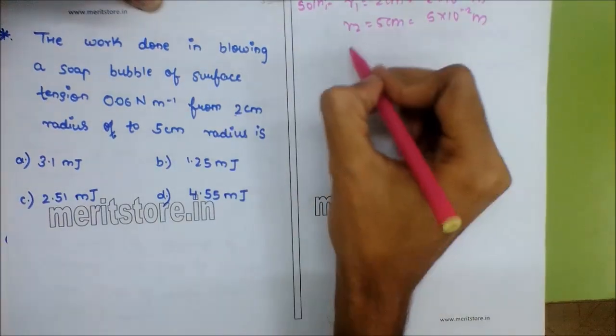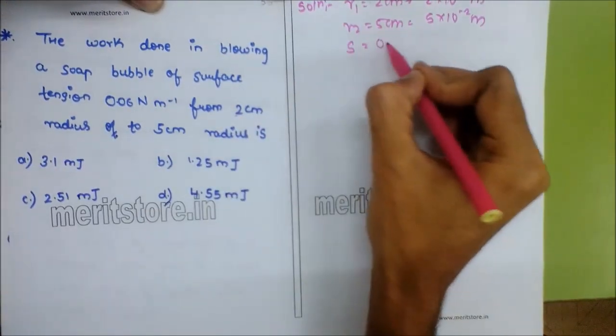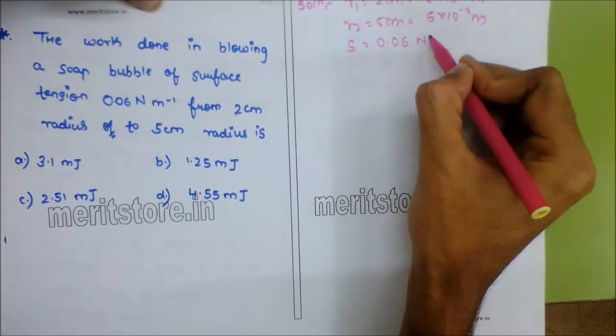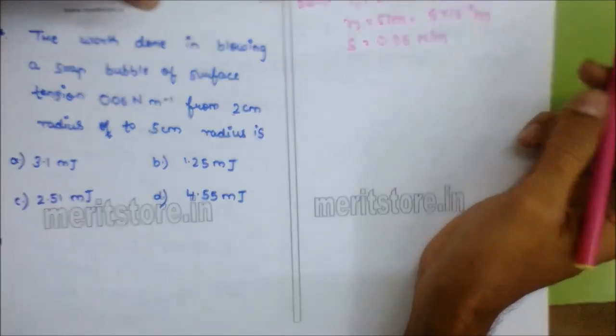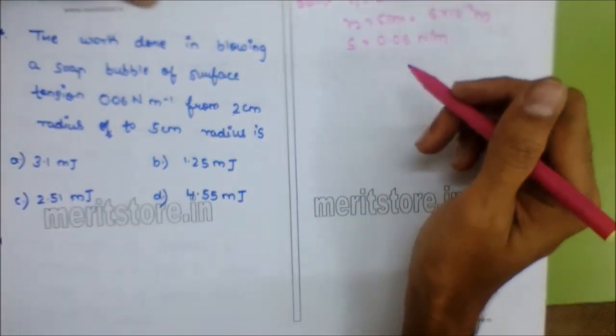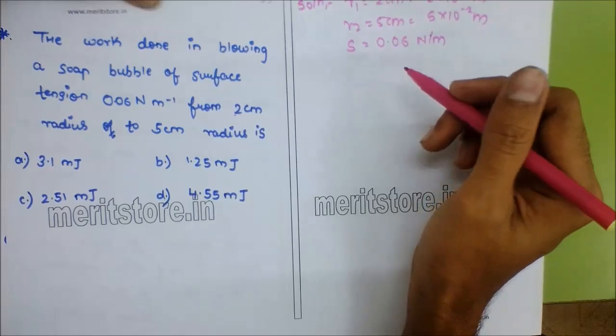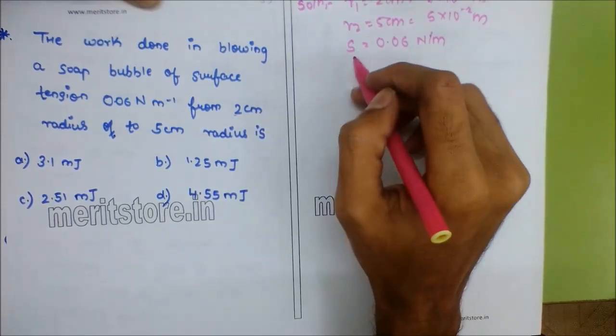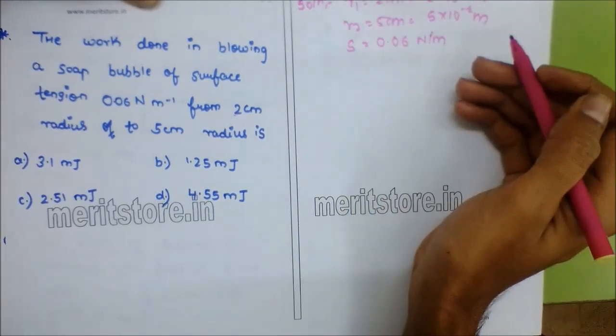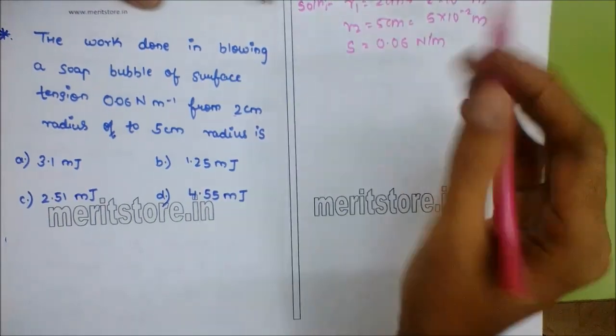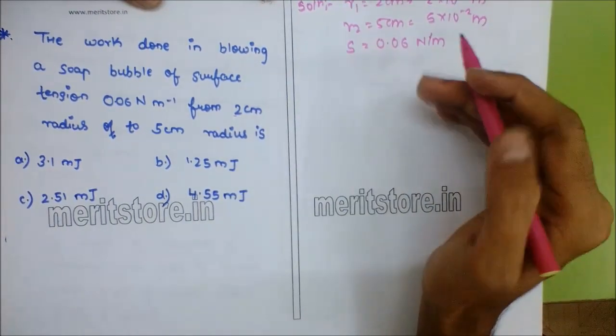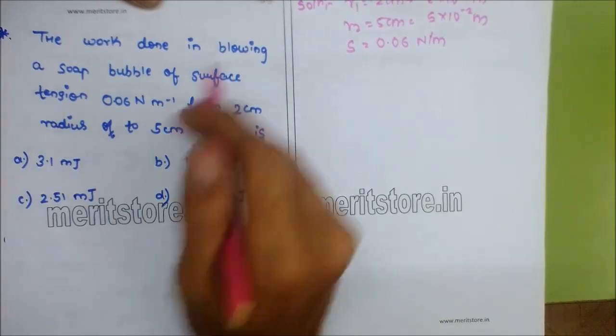Okay, so we have r1, r2. We are given the surface tension, that is 0.06 Newton per meter. So we will be finding out the work done. The formula for the work done is surface tension into the increase in surface area. So for that we need to find out how much the surface area is increased. We have been given only the radii.